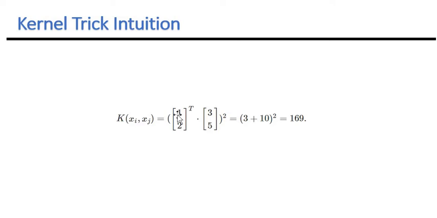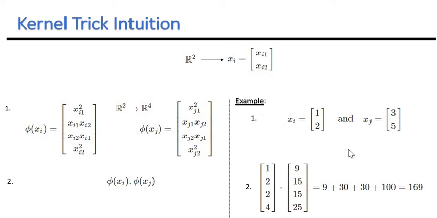So what we did is that we multiplied 1 times 3 plus 2 times 5 to the power of 2, which gave us the same value, which is 169. So here, the difference is that we projected on a higher dimensional space.